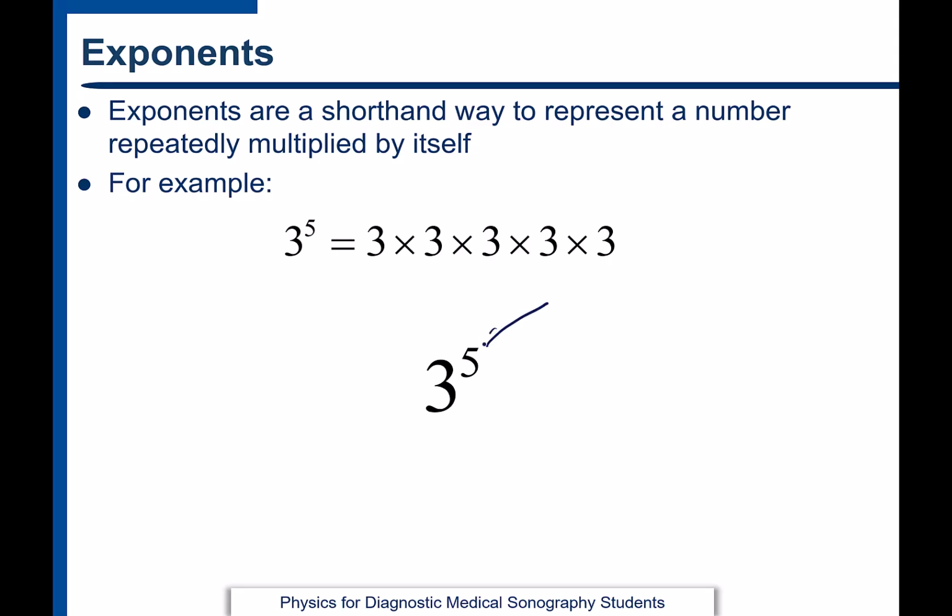That 5 is called the exponent, or the power, and the number 3 here would be referred to as the base. So you'll notice it's really just a shorthand. It's a way to write something that otherwise would take a lot of writing in a very short, compact form.